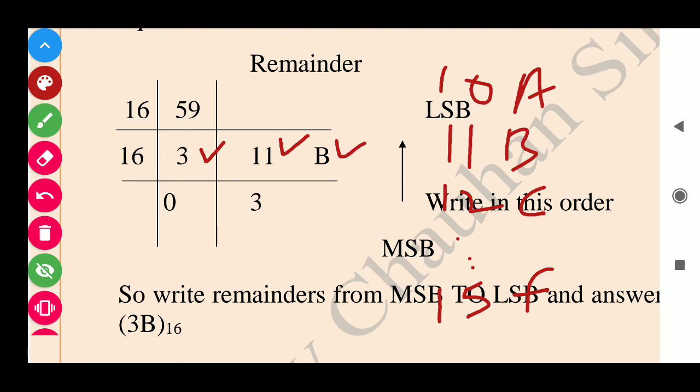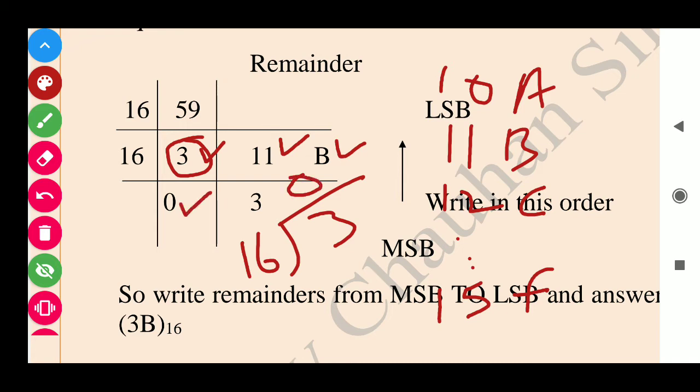So now this 3, that is the quotient, should be divided by 16. If we divide 3 by 16, it will not divide, that means 0 times. So write 0 here as the quotient, and the remainder, this one, should be written here, 3.